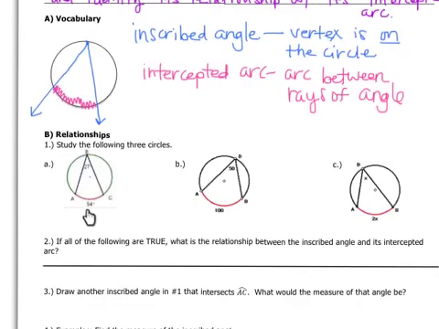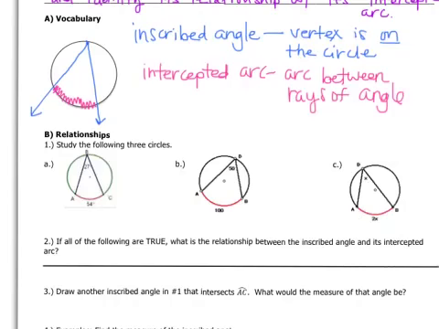The measure of its intercepted arc is 54 degrees. In the second example, the measure of the inscribed angle is 50 degrees. The measure of the intercepted arc is 100 degrees. And finally, in a more general sense, the measure of the inscribed angle is x. The measure of the intercepted arc is 2x.